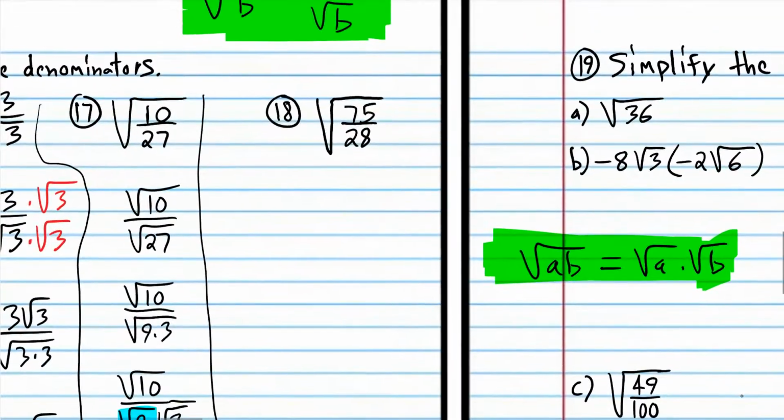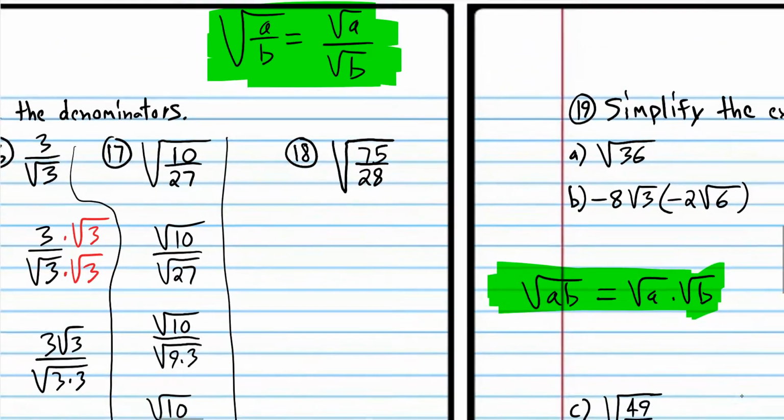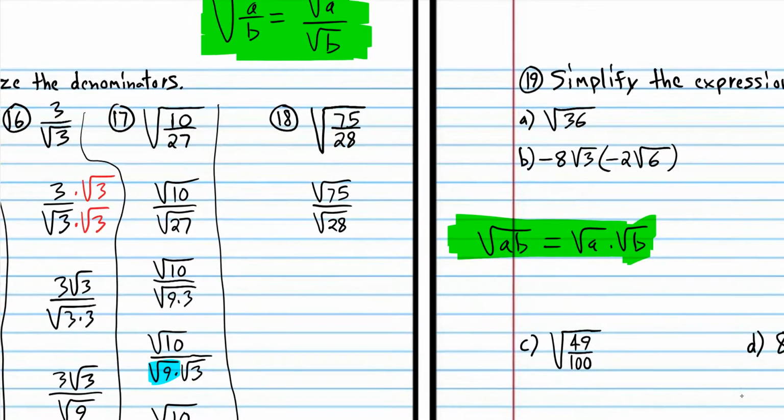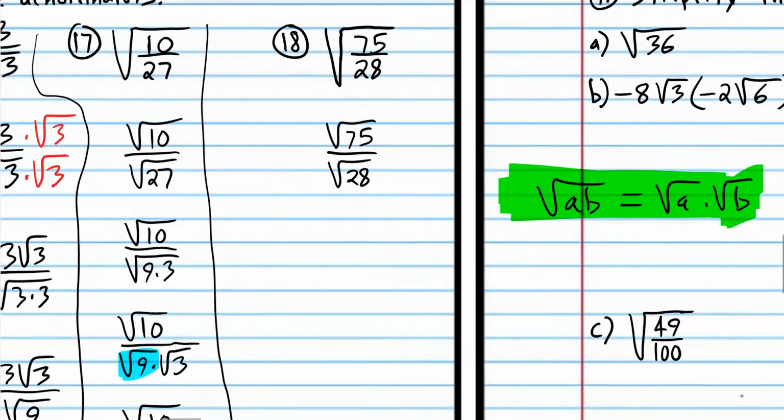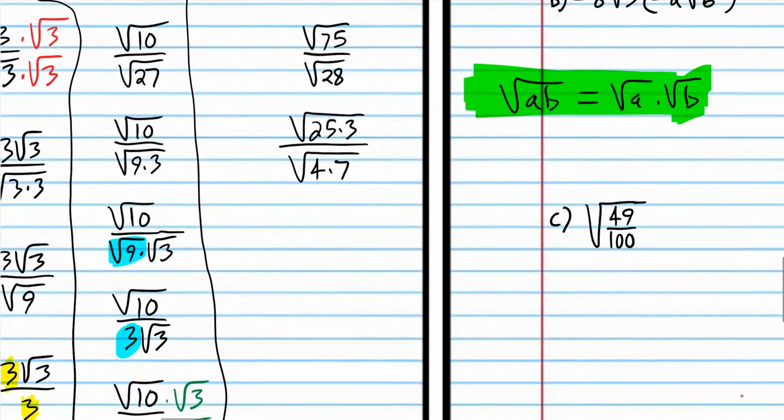So now on to number 18. We're going to use this green principle up there. So we get root 75 over root 28. But again, we have two problems. We have to pull out perfect squares. So I'm going to factor it to 25 times 3. And here we have 4 times 7.